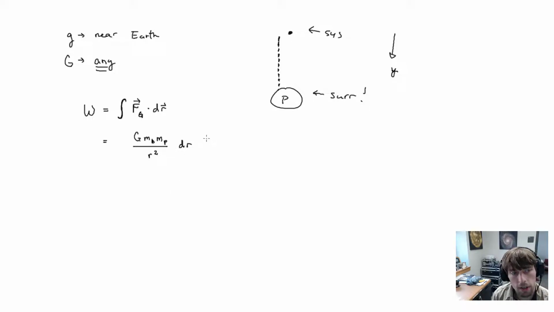So the dot product in this case will give us r hat dot r hat, and this will give us 1. Right? The displacement is in the same direction as the gravitational force. I'll go ahead and integrate. Now, the question becomes, these are all constants: G, M_B, M_P. I'll pull those out just for simplicity.